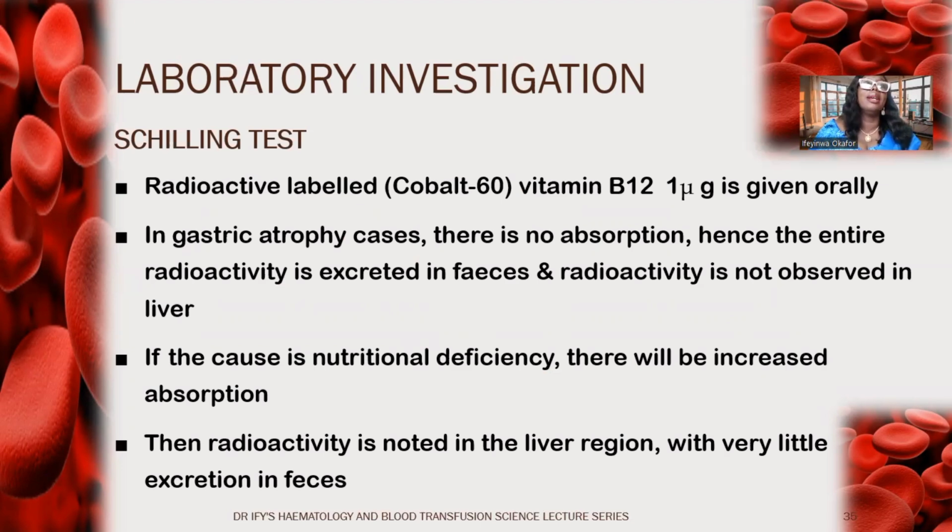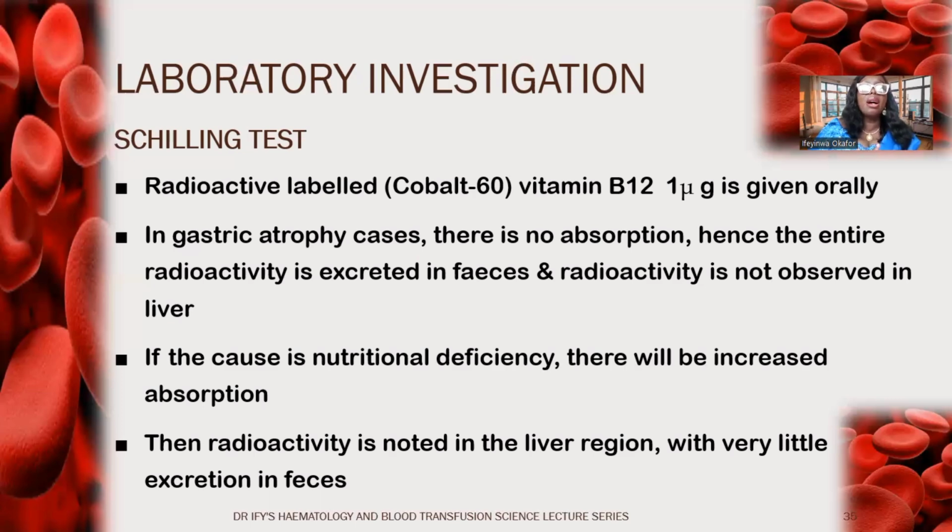In this Schilling test, cobalt-60 radioactively labeled vitamin B12, 1 microgram, is given orally. In gastric atrophy cases, there is no absorption. Hence, the entire radioactivity is excreted in feces, and radioactivity is not observed in the liver.